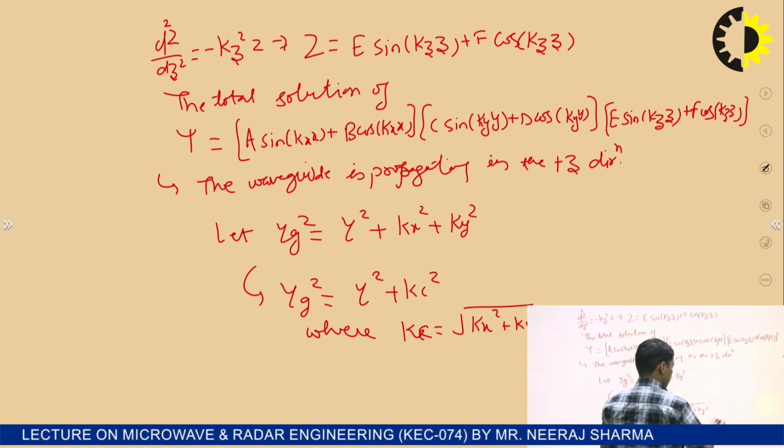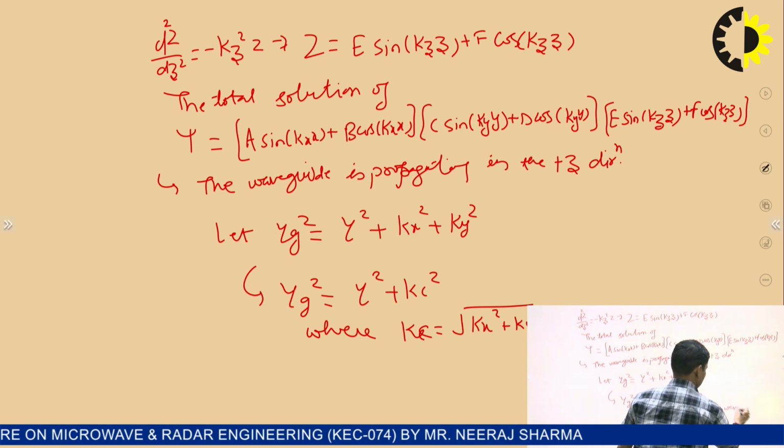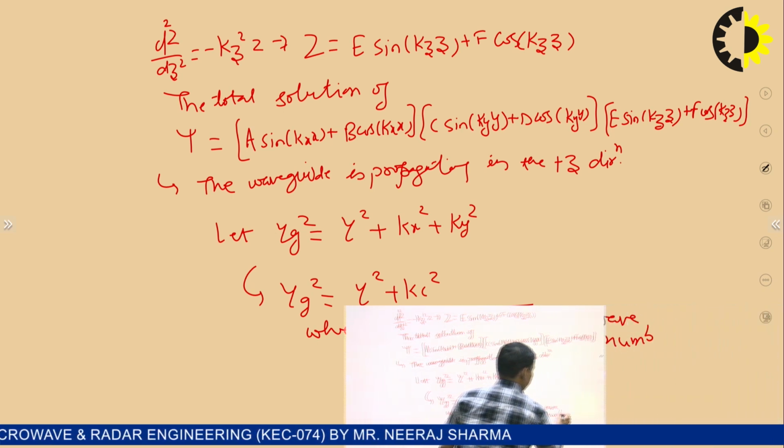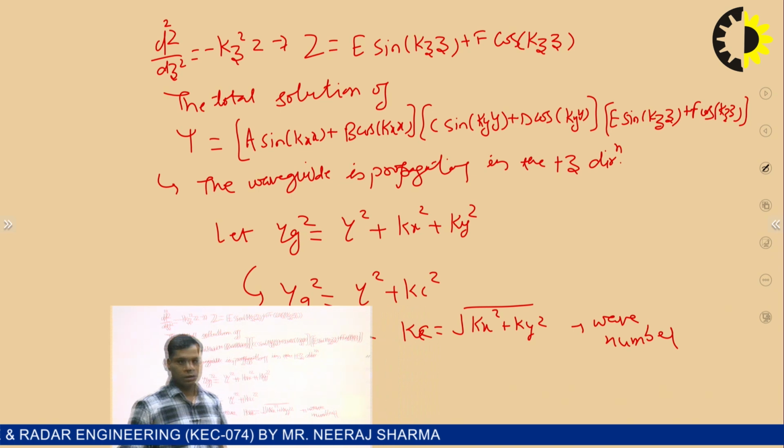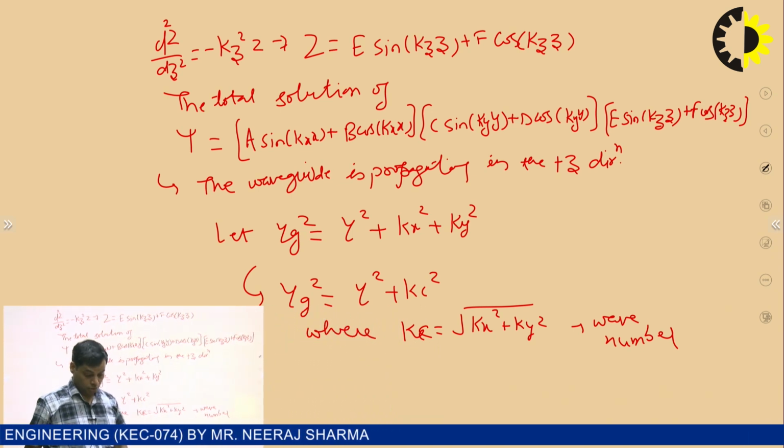This is the wave number, which shows the half wave variation along the respective coordinate.